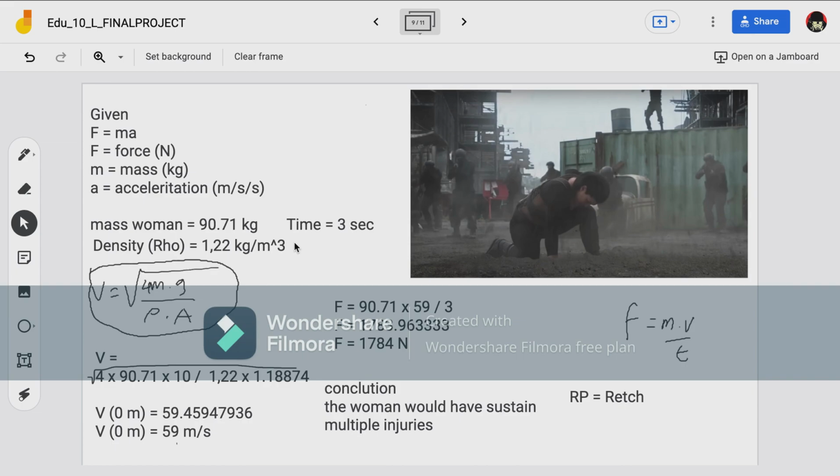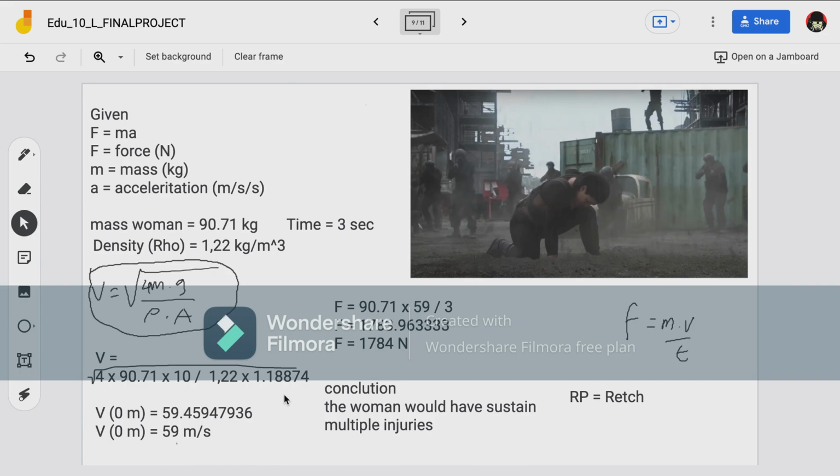V equals the square root of 4 times mass times gravity divided by density times acceleration. So V equals 4 times 90.71 times 10 divided by 1.22 times 1.8874. V equals 59 meters per second.